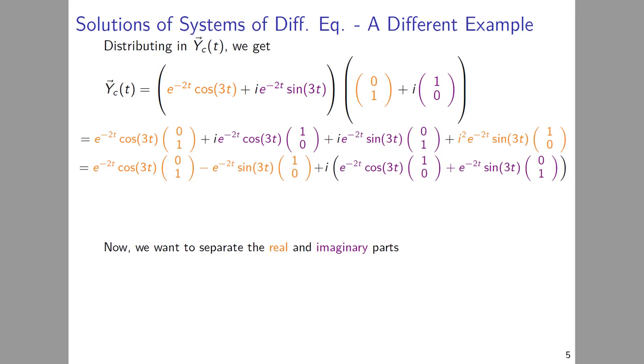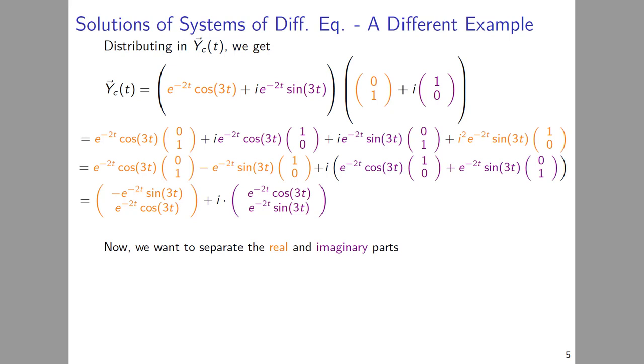To simplify this a little further, we can combine the real parts into one vector and the imaginary parts into another vector. e to the negative 2t cosine 3t times 0, 1 is going to give us e to the negative 2t cosine 3t in the bottom component of the real part, and negative e to the negative 2t sine 3t times 1, 0 will give us negative e to the negative 2t sine 3t in the top component.